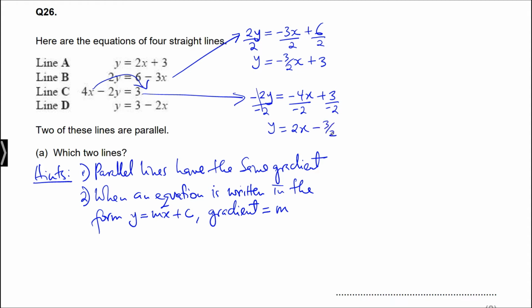Okay, so we can now write down the gradients of these lines. So gradient of A is 2. Gradient of B is negative 3 over 2.